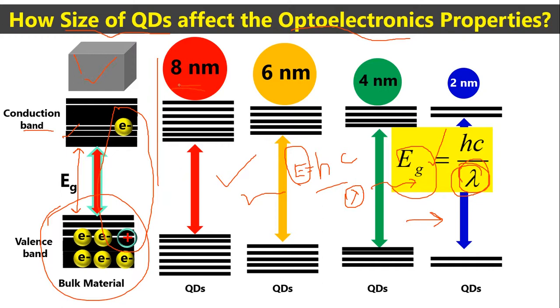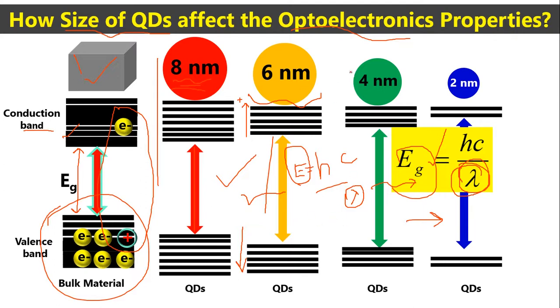So for instance, look at this band gap. If we look at the 8 nanometer quantum dot, this is basically the band gap, right? When we further decrease the quantum dot size, the band gap increases here. The conduction band is moving upward and the valence band is also moving downward. Now look, I will explain this very well.